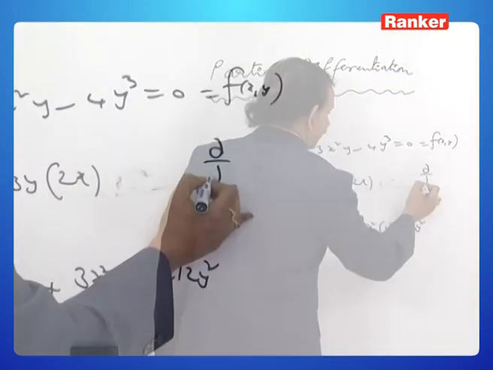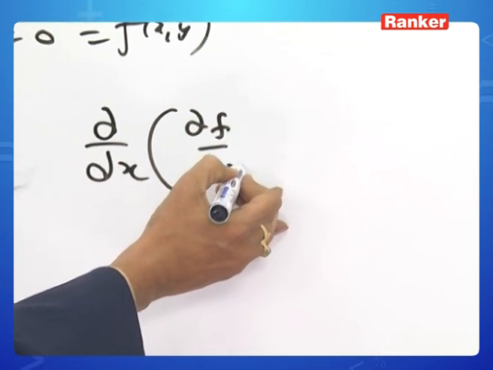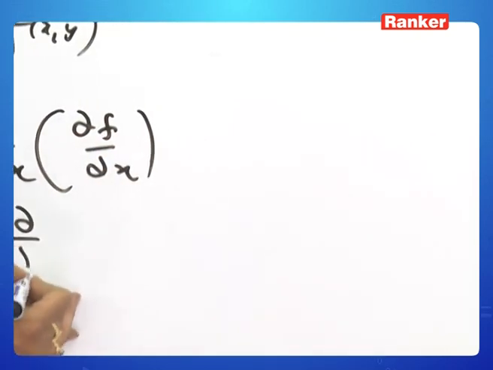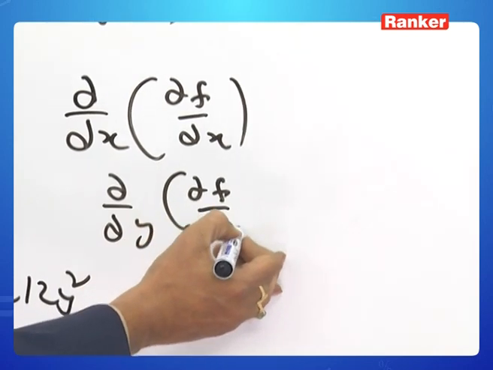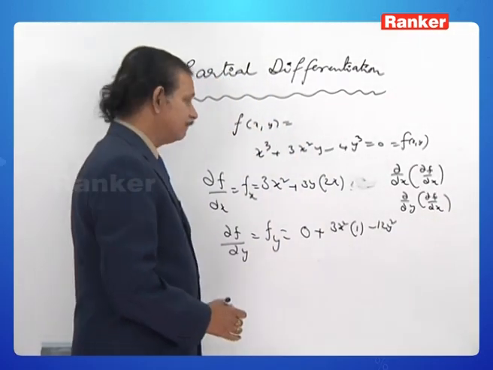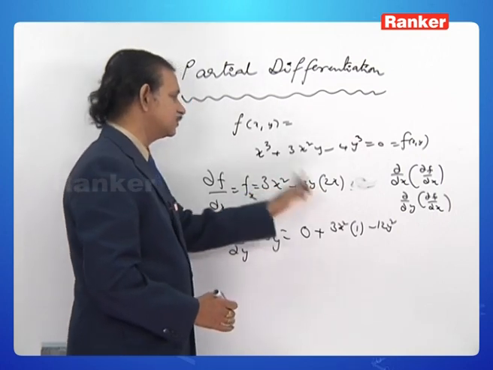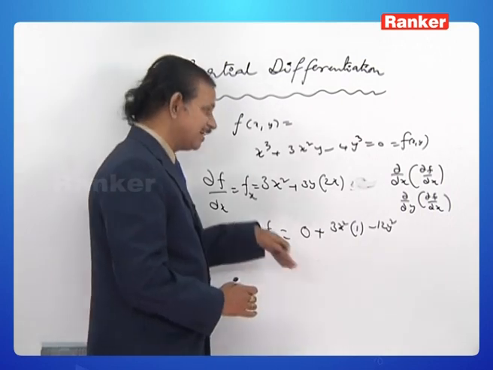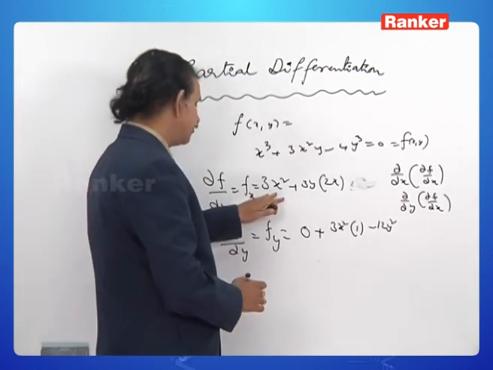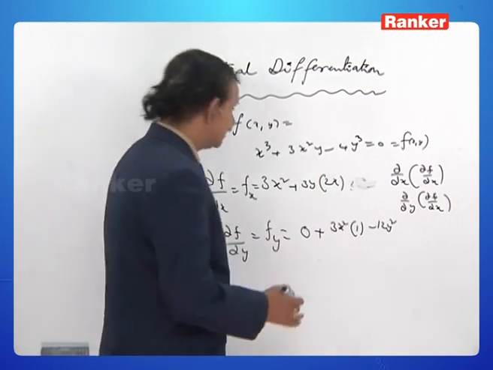Dou by dou x of dou f by dou x, dou by dou y of dou f by dou x can be explained. What is dou by dou x of dou f by dou x? 6x plus 6y. What is dou by dou y of dou f by dou x? 0 plus 6x. Like that.